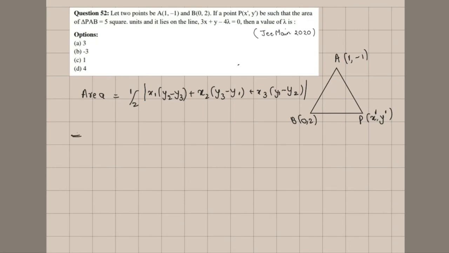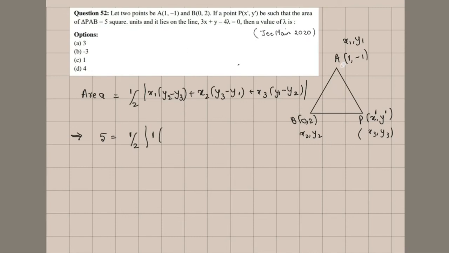So this implies 5 equals half into, let's say this is x1 comma y1, this is x2 comma y2, this is x3 comma y3. So x1 is 1, modulus of 1 into y2 minus y3.